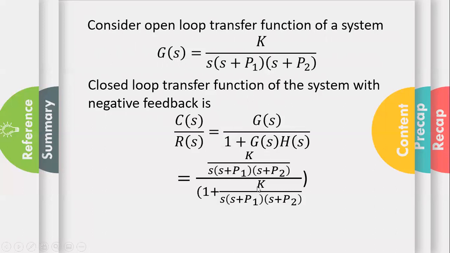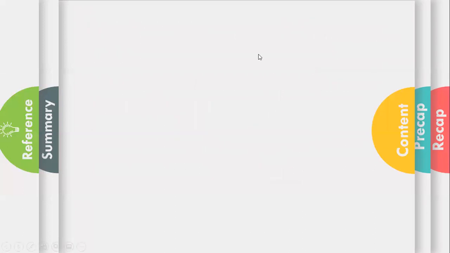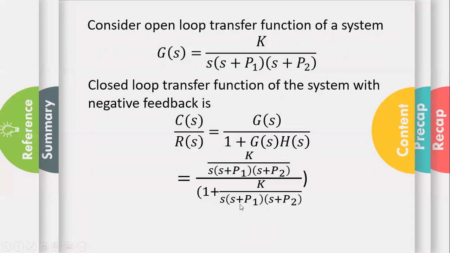So what am I going to get? G of s is k divided by s into s plus p1 into s plus p2, divided by 1 plus G of s, which is this term, into H of s, which is 1. So I'm going to get this term as the transfer function. If I simplify this, taking the LCM over here, this denominator and this denominator are going to cancel out.